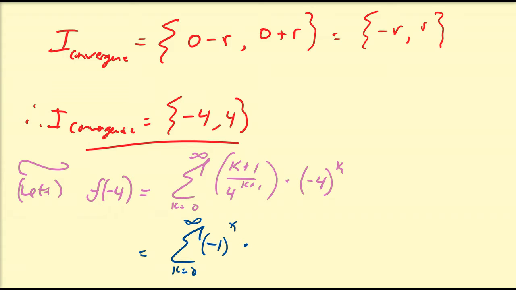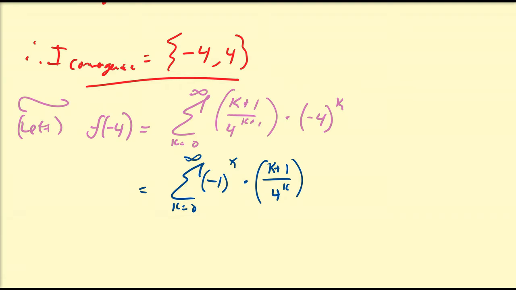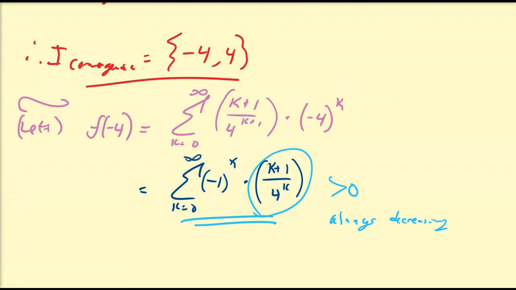And we have 4^k divided by 4^(k+1), so that's just going to be (k+1) all over 4^k. This is an alternating series, so we can use the alternating series test. This term is always positive and always decreasing. So therefore it converges by the alternating series test.